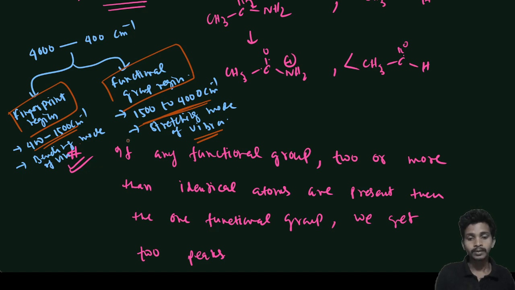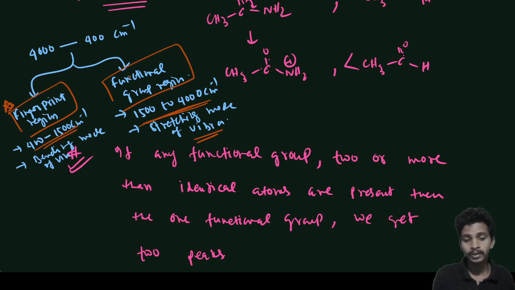So this fingerprint region we will not discuss more, because like our fingerprint is different for different persons, every person's fingerprint is different. So if the fingerprint is different, then how will we identify a group? Because every group will give a different IR value. So it is not useful to identify the functional groups.